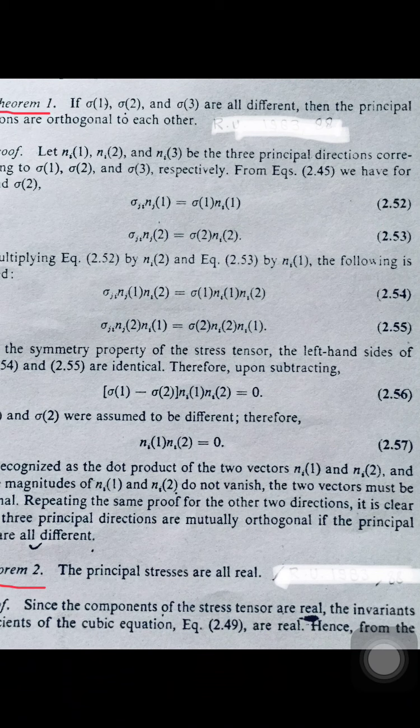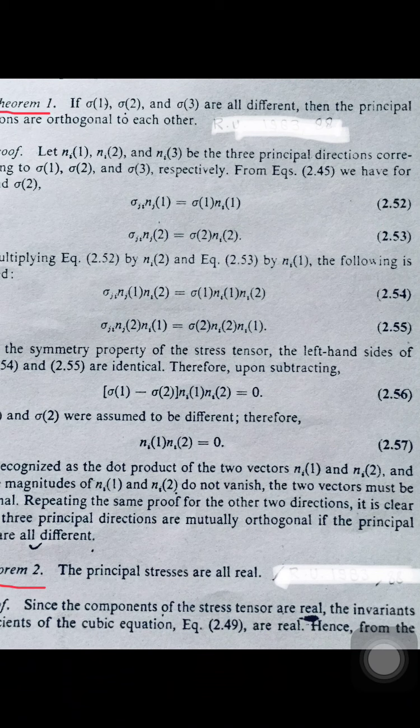But from equation 2.56, either sigma 1 minus sigma 2 becomes 0, or ni1 nj2 becomes 0.